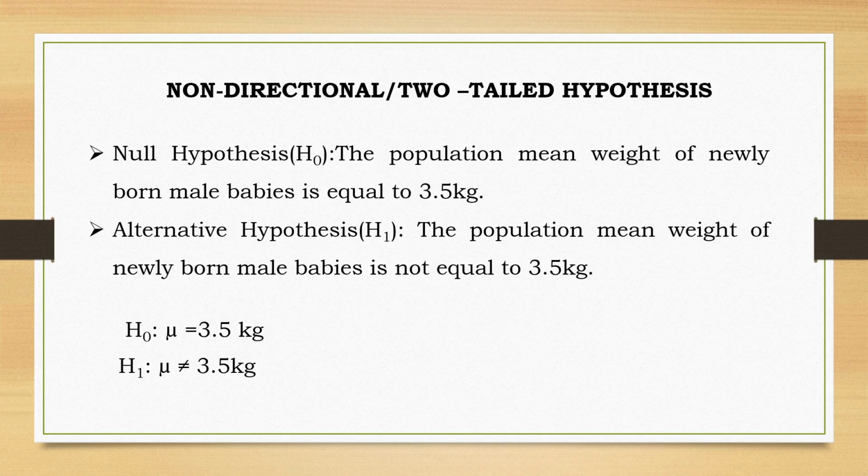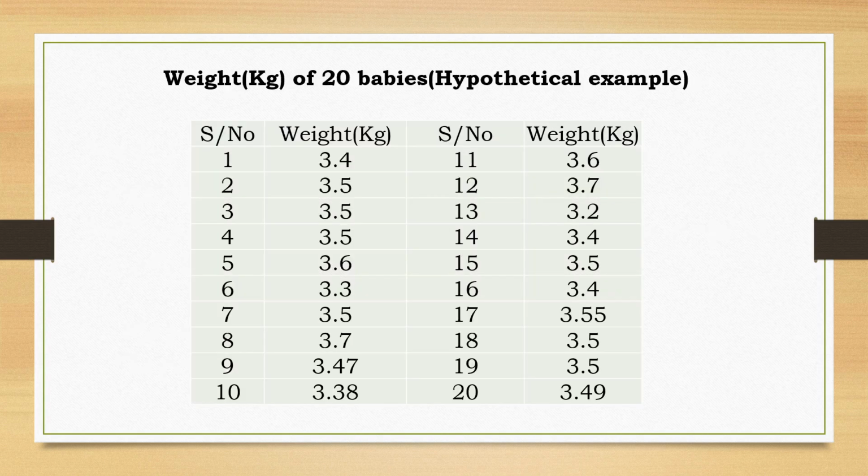The null hypothesis suggests that the population mean weight of newly born male babies is equal to 3.5 kilograms, which means that wherever you sample newly born babies and calculate the mean weight, it should approach 3.5 kilograms. Whereas the alternative hypothesis says that the population mean weight of newly born male babies is not equal to 3.5 kilograms. So we are going to test this hypothesis.